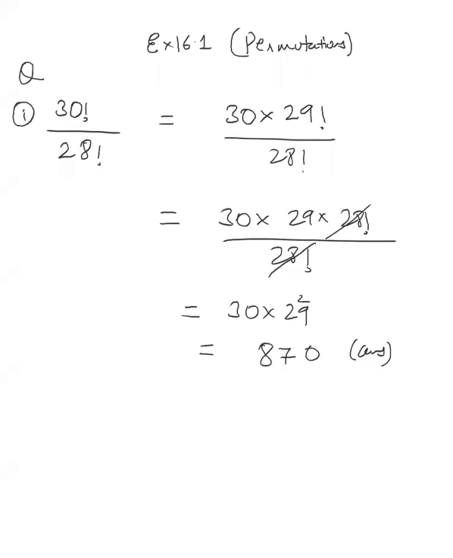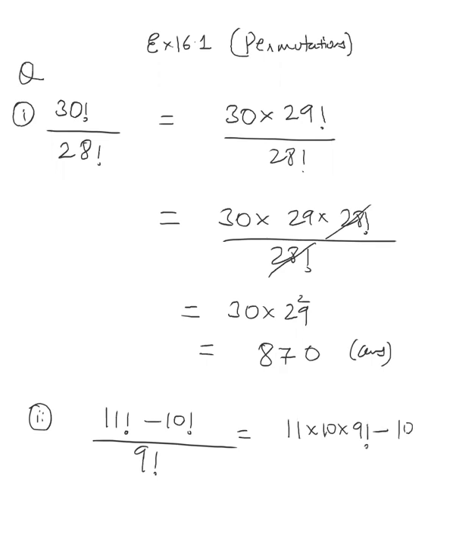Okay. Second question, you see. This type of question, what you can do is, 11 factorial, you can write it as 11 into 10 into 9 factorial. And 10 factorial, you can write it as 10 into 9 factorial, upon 9 factorial.